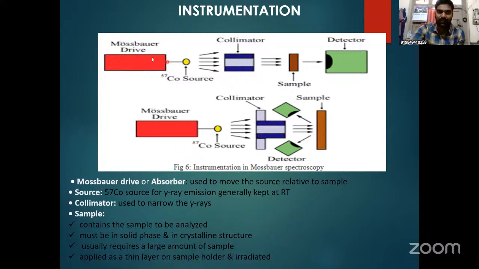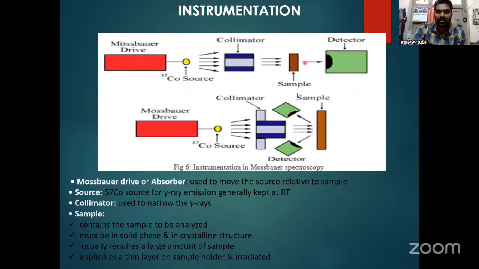So the Mossbauer drive can be moved relative to the source, and the source contains mass number 57 cobalt, which generally emits gamma rays, and a collimator narrows the gamma rays, and then the sample.